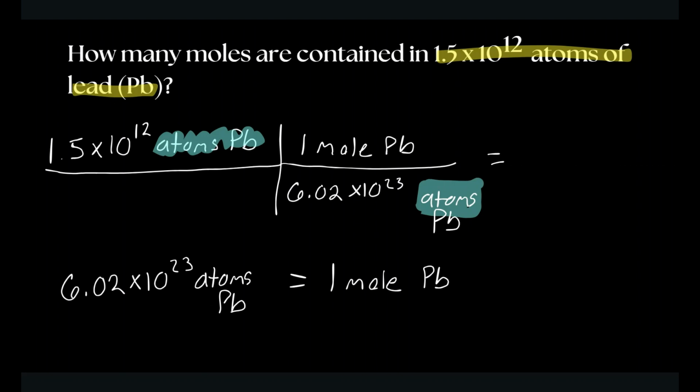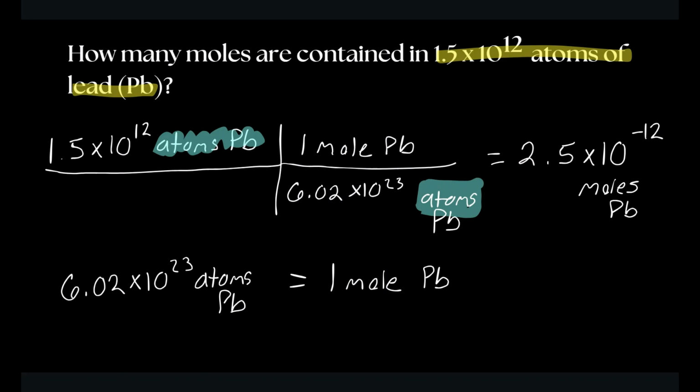And then we're able to multiply and divide. So we get 1.5 times 10 to the 12th times 1 divided by 6.02 times 10 to the 23rd. And this is going to provide us 2.5 times 10 to the negative 12th moles of our lead.